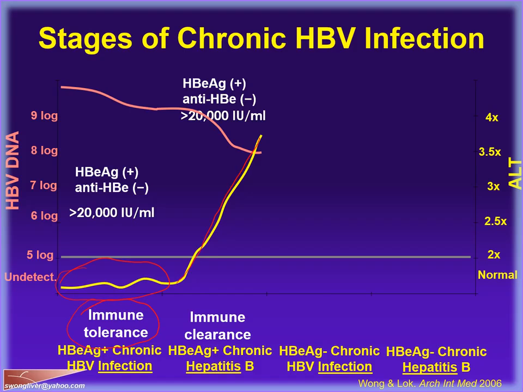In your book, it says that the HBe antigen really separates patients into a relatively replicative stage and a relatively non-replicative stage.